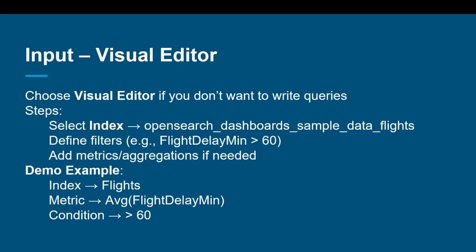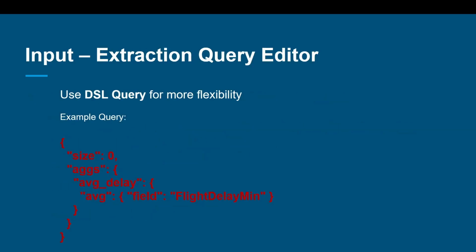Let's say flight delay minimum is greater than a value, and if any metrics are required, like an average or a count, then you can put them in. Later on you put in the conditions. Another method is writing the DSL query, which we have discussed in detail in our previous modules. Here, if you want more flexibility, if you want to compute the average yourself and test it yourself, you have to use this method.